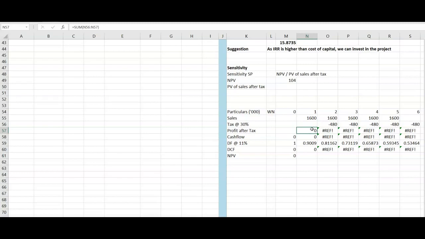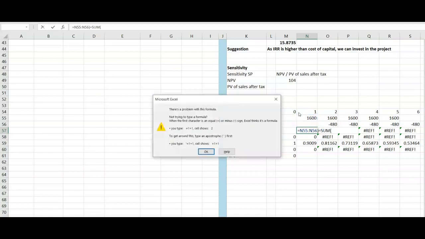So the sum function is for this year, the sum function is from this year to this year. We close the bracket. You've done it.